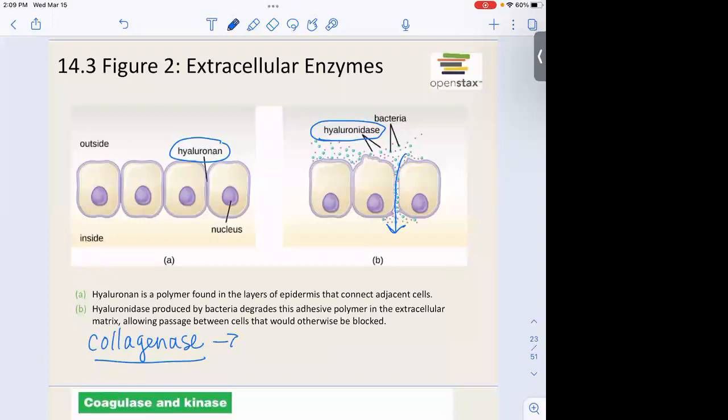Collagen is the protein that makes up the connective tissue. So again, breaking down this structural protein, again, for invasion into cell tissues. We'll say degrades collagen. Oh, sorry, hyaluron is a polysaccharide. Said that right. Okay, so a sugar that's the glue that holds cells together.